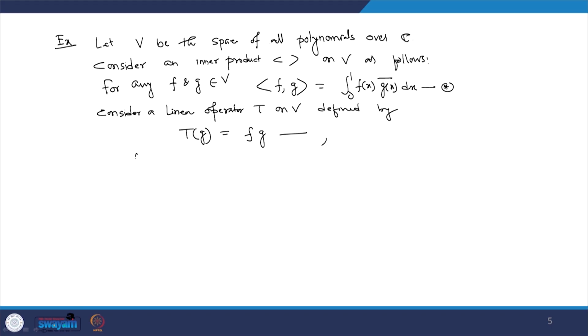Here f is a fixed polynomial in V. I mean to say I picked one polynomial f at random. The operator T on V maps g to f times g. So, now the question is, what will be the corresponding T star?